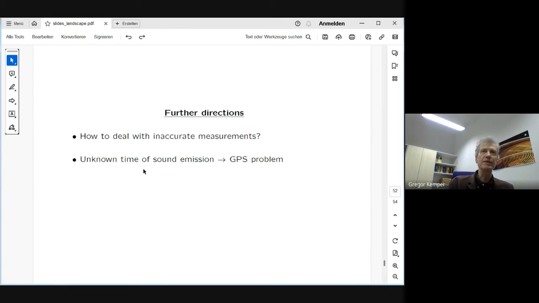Another direction would be, imagine the drone or whatever microphones you have do not know the time of sound emission. Interestingly, then the problem, even the problem of reconstructing the point when you have done the matching, comes down to the same mathematical problem, that is the GPS problem. And we have worked on that.